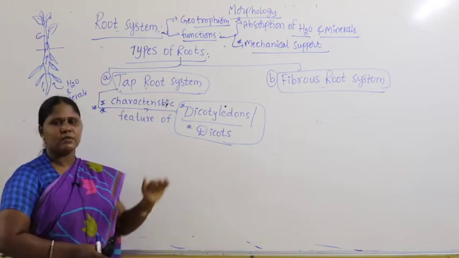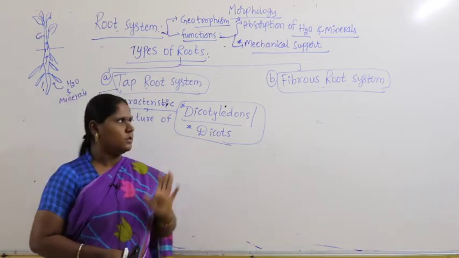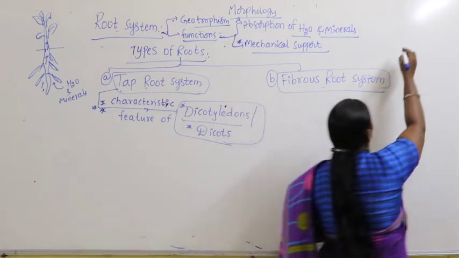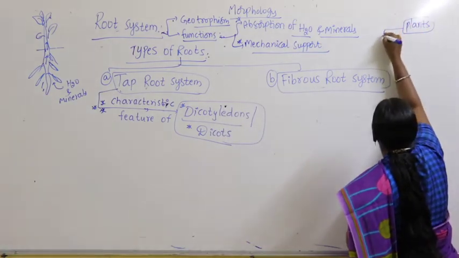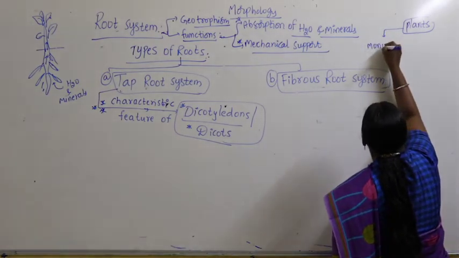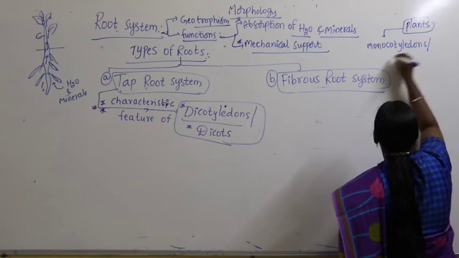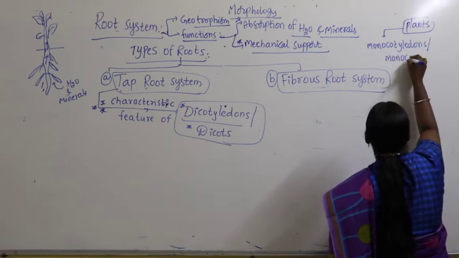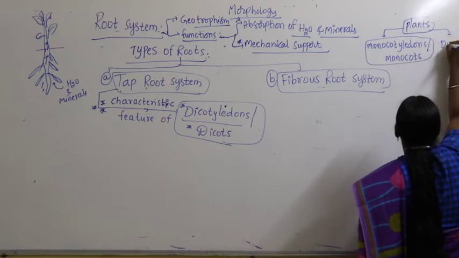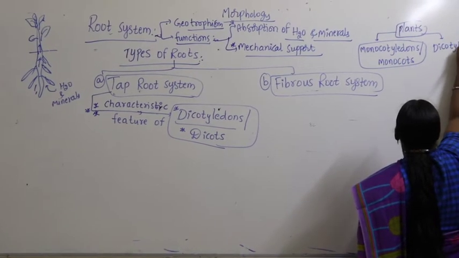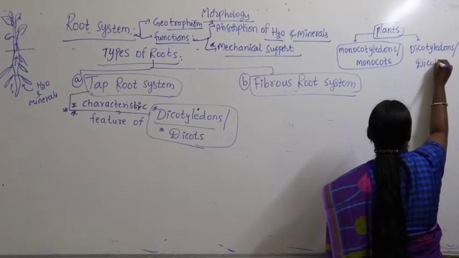You know, in plants we find two types of plants, dicots and monocots. Generally we say plants are divided into two types: monocotyledons, also called monocots, and dicotyledons, or called dicots.